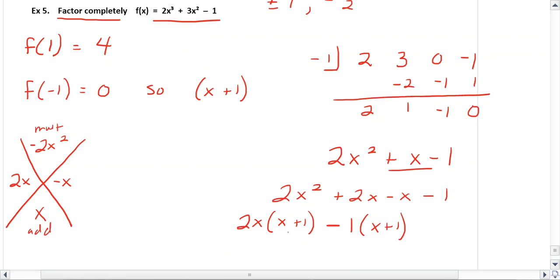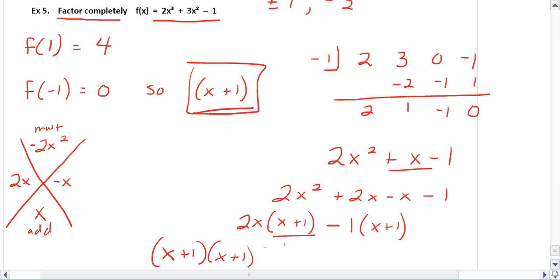So now that I have the GCF of x plus 1, that is a different x plus 1 than this one up here. So I need to include all the factors here. So I have my first x plus 1, which I found right away up here. And then I have the x plus 1 that is my GCF here, and I'm left with 2x minus 1.